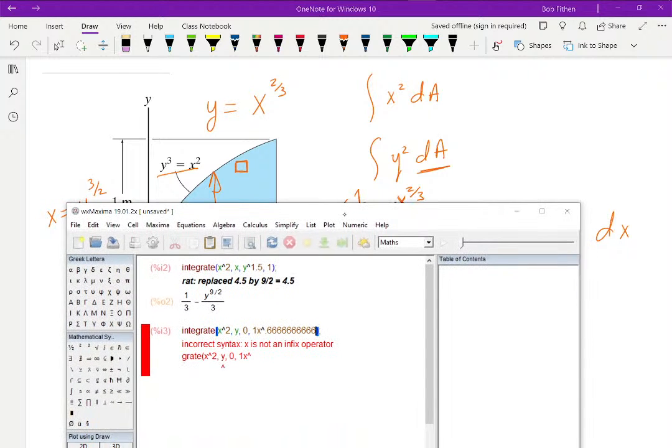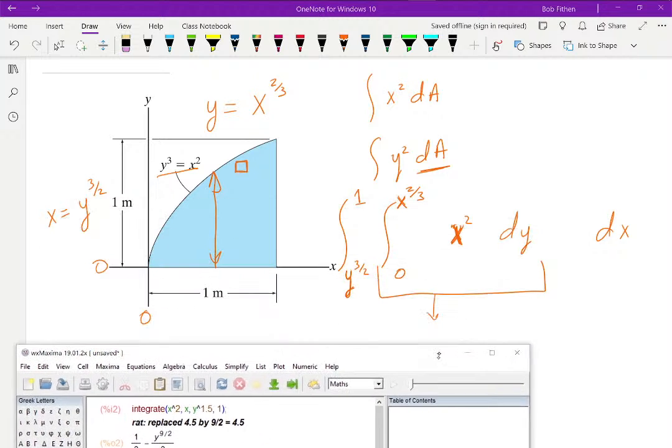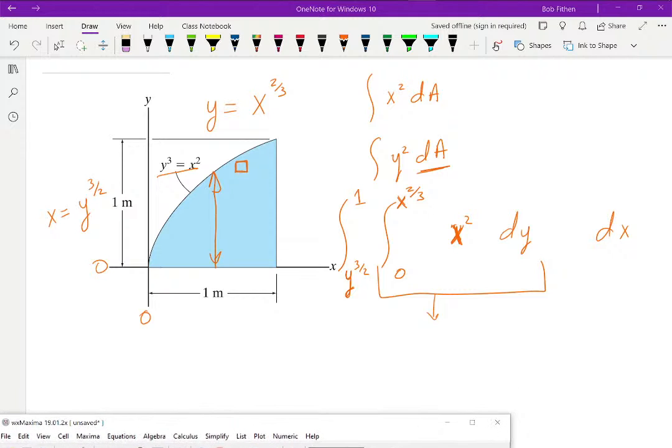What did I do wrong here? What did I type in there? Well, we know what this is going to be.